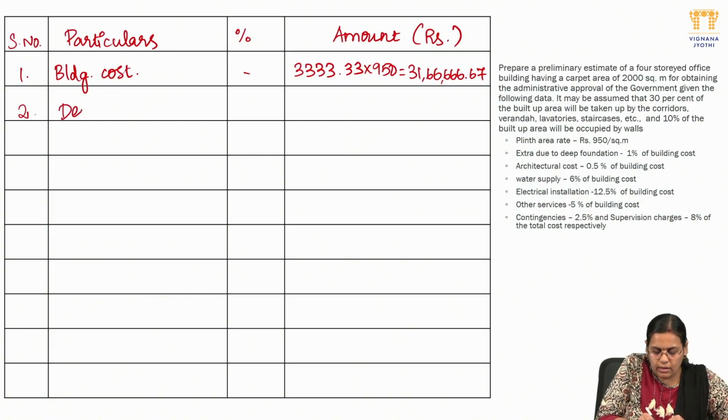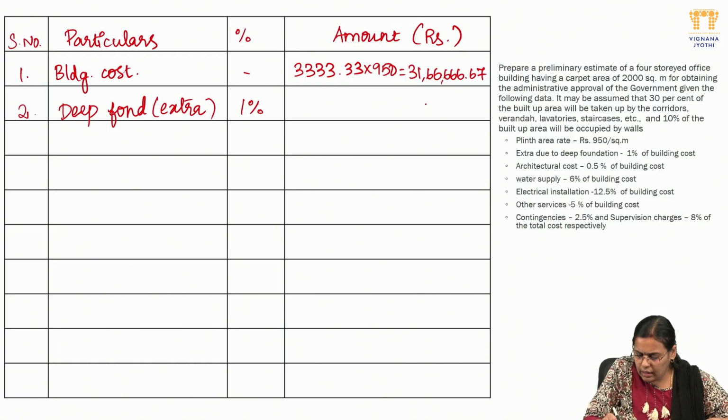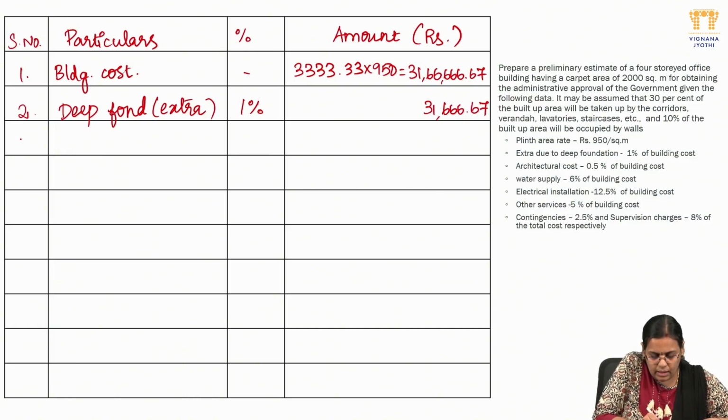Then extras for deep foundation. Now we will add all the percentages provided in the question. So a deep foundation, which is an extra feature, right? So which turns out to be around 1% of your building cost. So 1% of this 31 lakhs comes around 31,666.67, right? And then next one is architectural treatment.